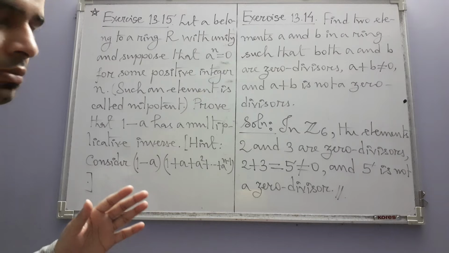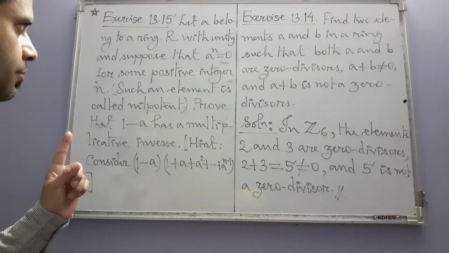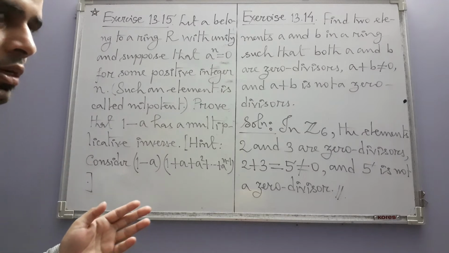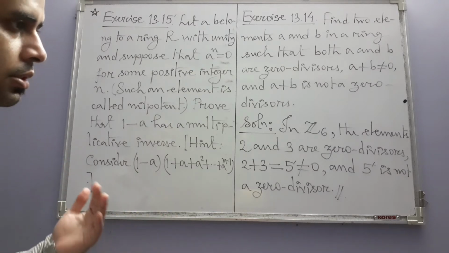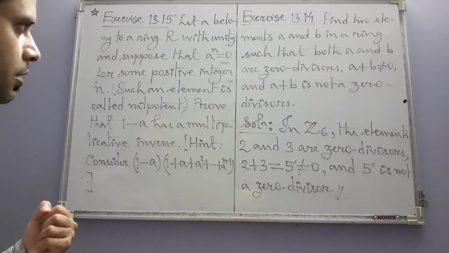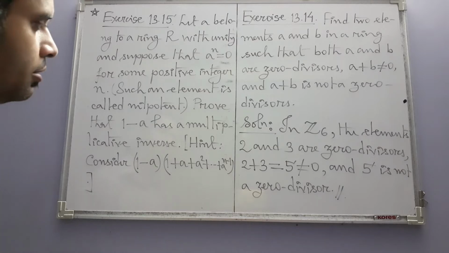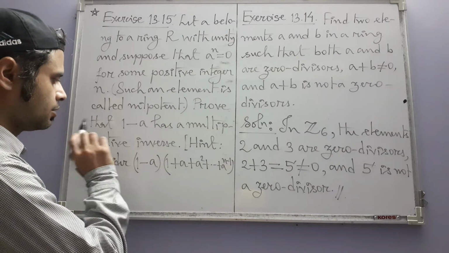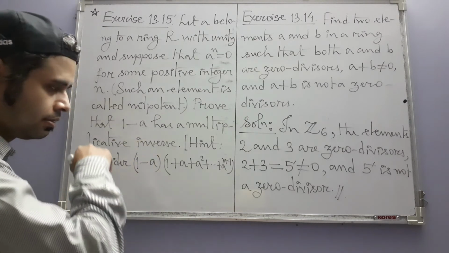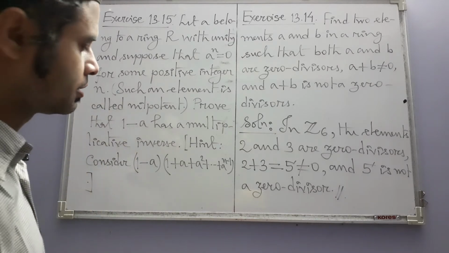R is a ring which has a unit element 1, and in it there is an element A whose nth power is 0, where n is some positive integer. In this language, A is a nilpotent element. Then we have to prove that the unit element 1 minus A is a unit, that is, it has a multiplicative inverse.